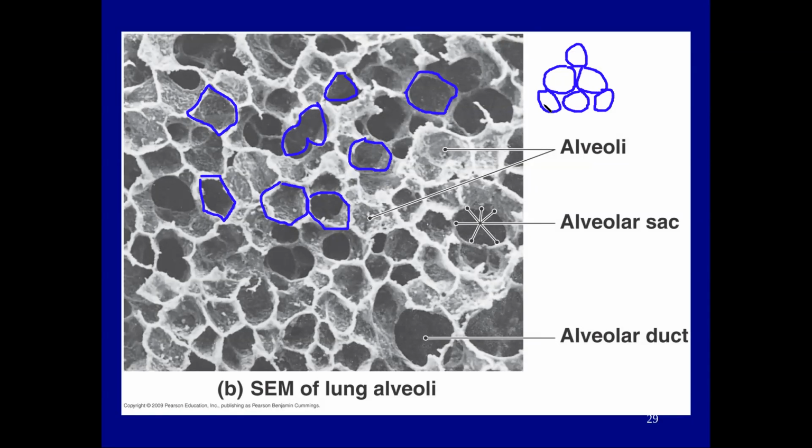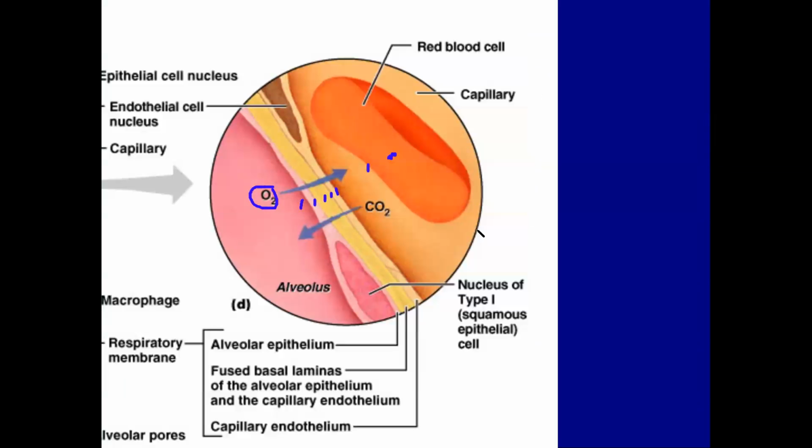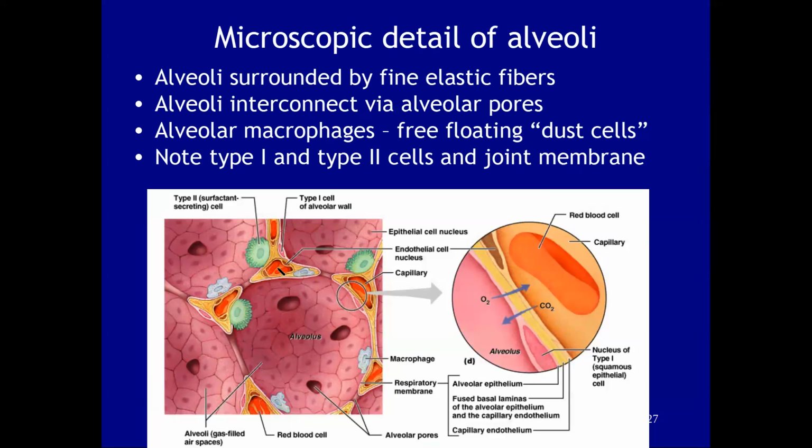So it makes more sense to have the lung tissue have a more hexagonal shape to the alveoli than to be round, right? Round has the lowest surface area of pretty much any shape. So keep that in mind, right? So the shape of the alveoli is not round, they're more hexagonal, right? Even here, you can sort of pick it up from this diagram here, that it is more hexagonal, right?